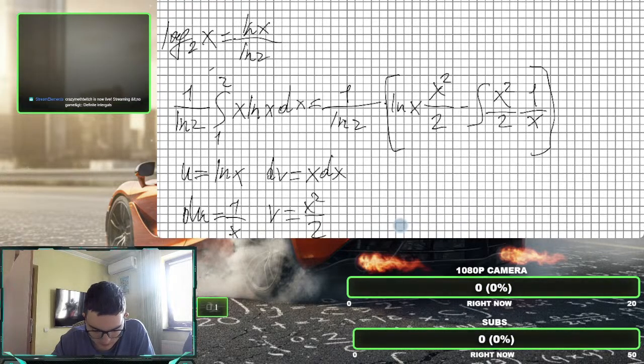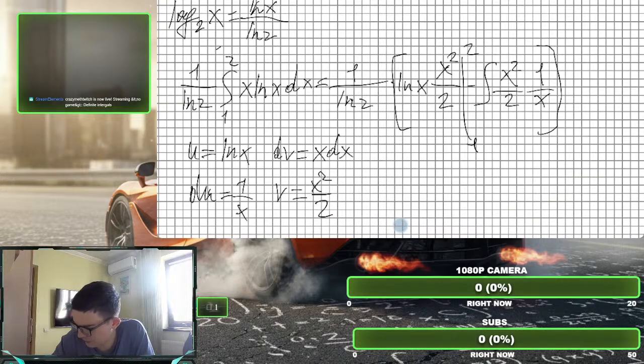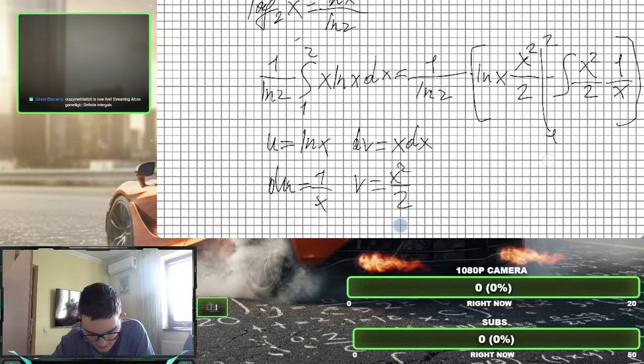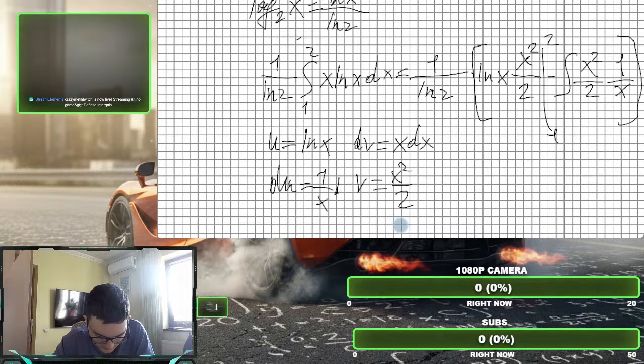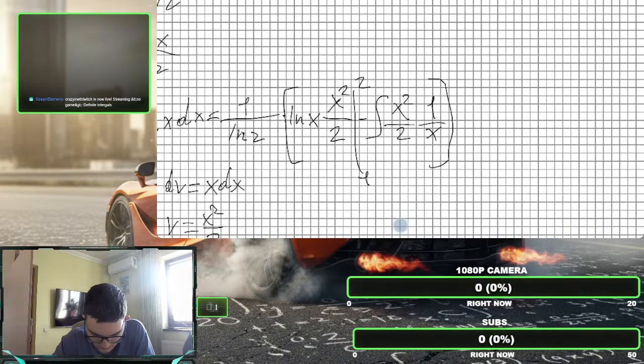And we got from 1 to 2 this one, and the rest I have to integrate. And I think when I did the du, I forgot to put the dx, so I'm gonna put it here, because you cannot just write the integral without the dx.